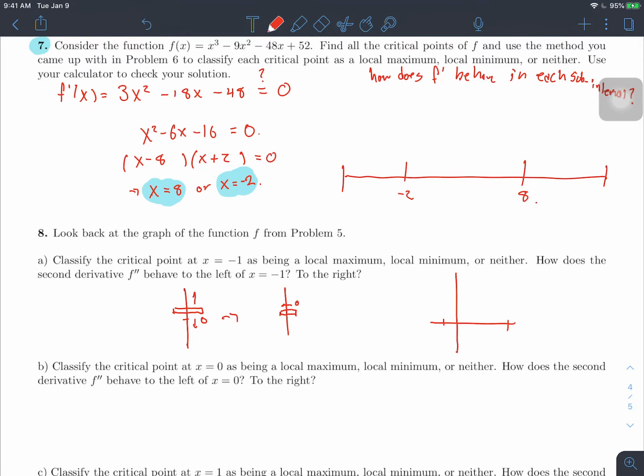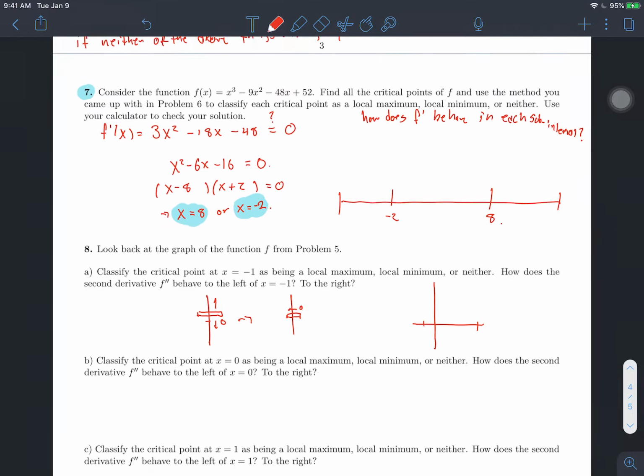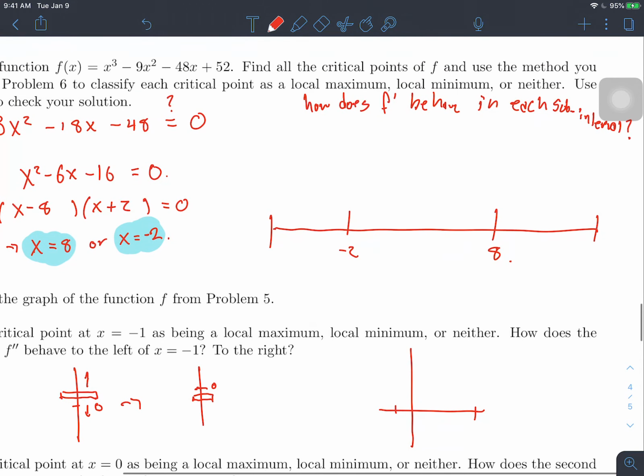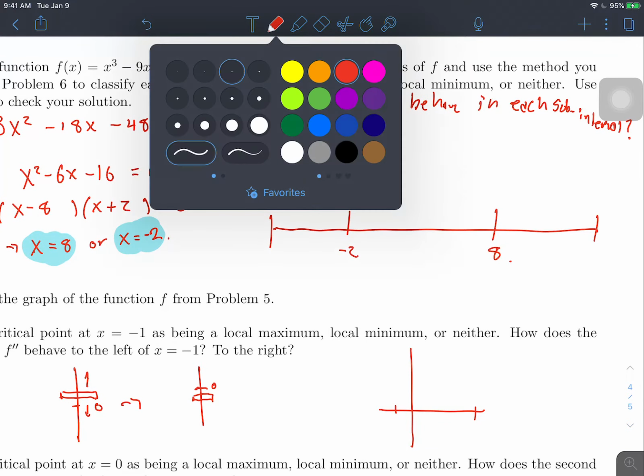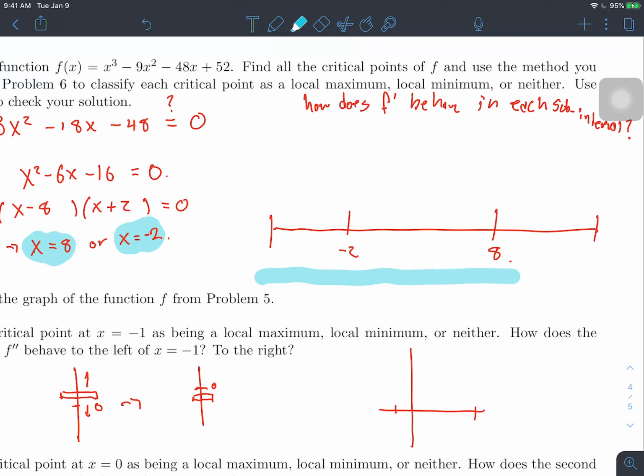Okay? So, what is this all to say? This is all to say that if I use this number line to describe the sign of f prime based on given x values, then I will have a consistent sign in each of these 3 intervals.